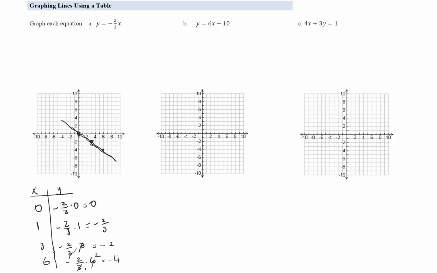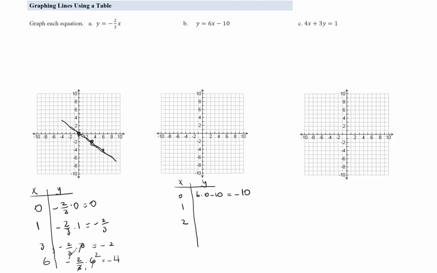Okay? On part B, I will repeat the same idea, x and y. We do not have a denominator here, so it will be easier to just use points in a row. So I will use 0, 1, and 2. Sub in 0 in place of x, we get 6 times 0 minus 10, which is 0 minus 10, that's negative 10.